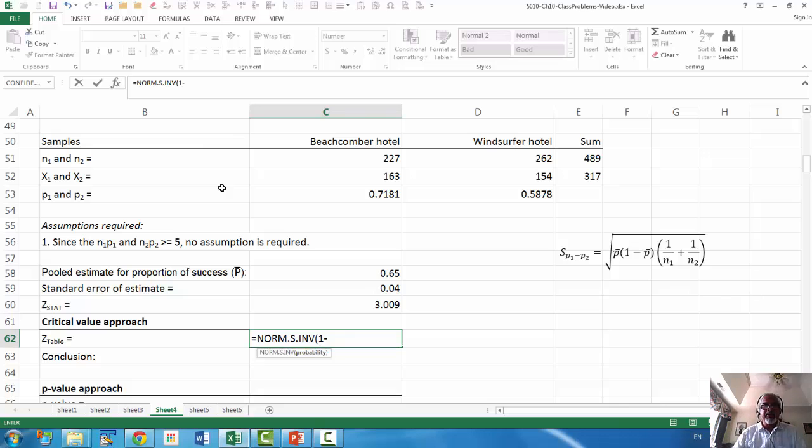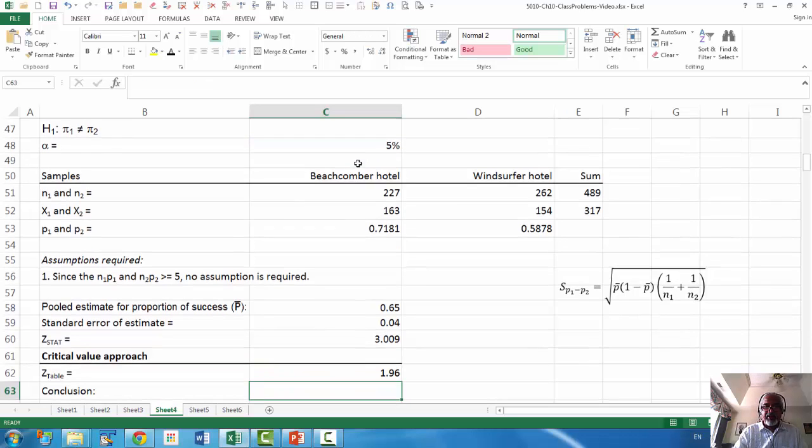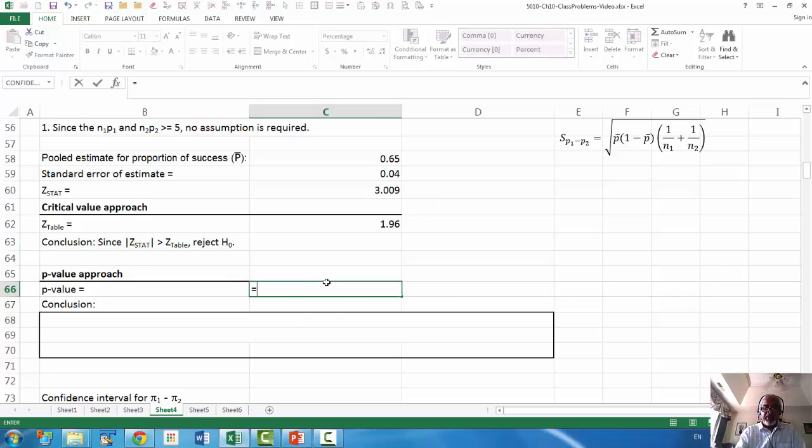So that will give us the positive side. Our rejection rule is if the absolute value of the z statistic is greater than the z table value, we will reject. So the conclusion is we reject, because the absolute value of z is greater than that.